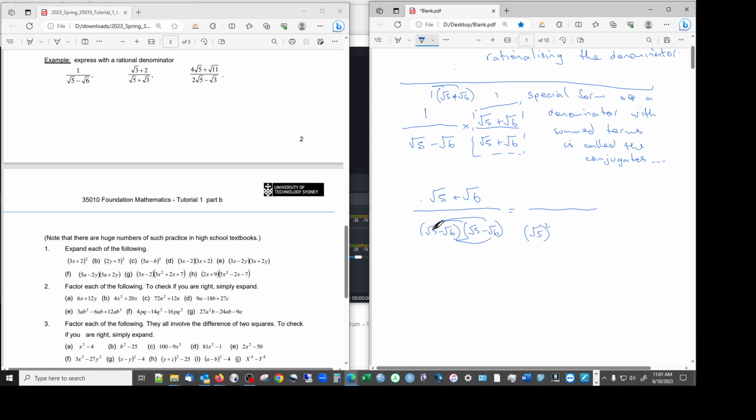Then we're going to have root 5 times root 6, that's going to be a product, root 5 root 6. Then we're going to have minus root 6 times root 5, minus root 5 root 6. And then finally we'll have minus root 6 times root 6, which will be minus root 6 squared. Very good. So, whew, pretty long-winded just to get that first part out.